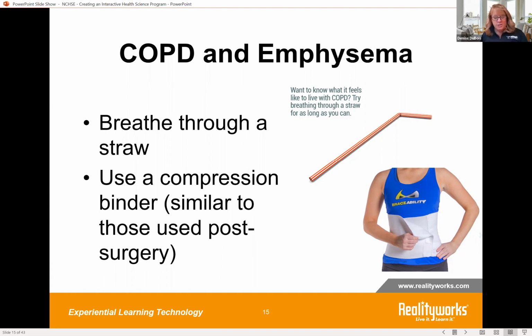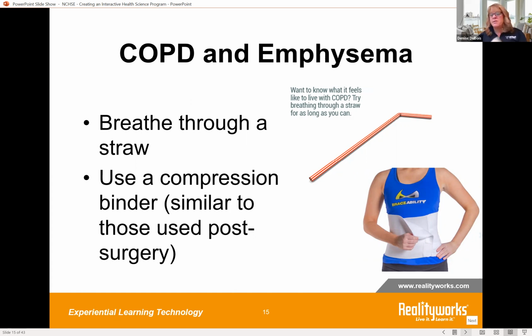You can find compression binders online very easily, and many of them come adjustable to different body sizes. They have Velcro, and so they usually fit quite a variety of student shapes and sizes. So that might be something that you'd like to try.